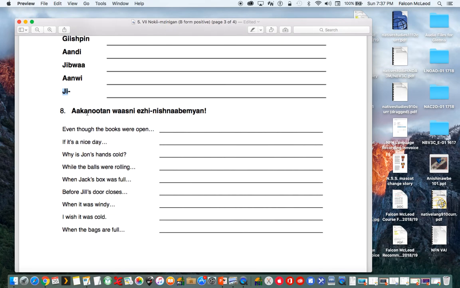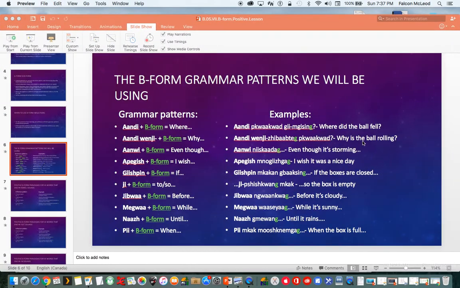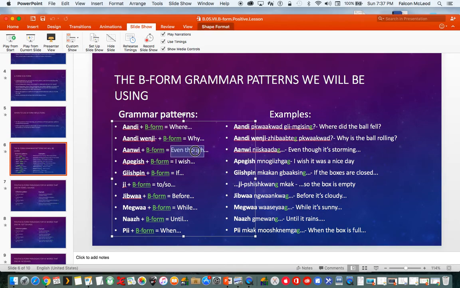Moving on to section 8. Akanotan wasne Nishnaabemwin means translate these into Ojibwe. We have: even though the books were open. In our PowerPoint, we learned how to say even though. So in our grammar patterns, we're looking for even though, which is right here.